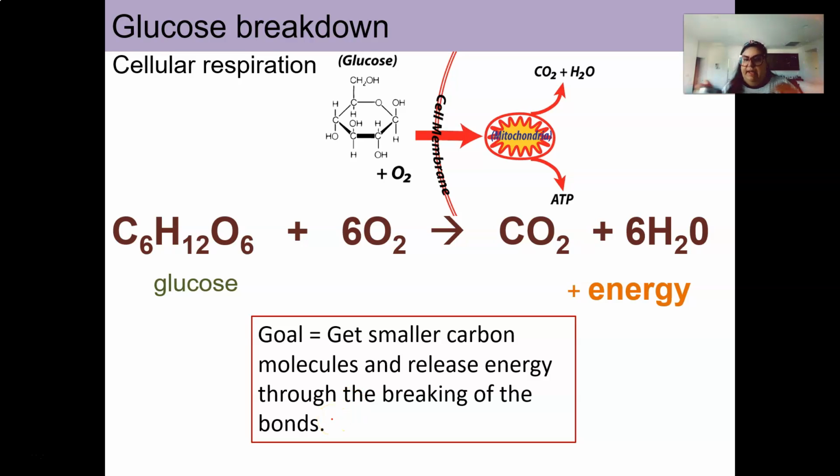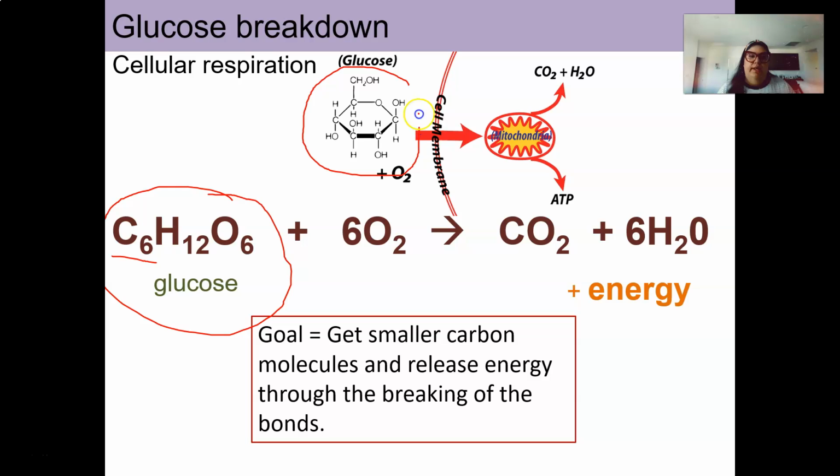So let's think about that. What does it mean to get smaller carbon molecules? Well, I start out with this glucose molecule, which is 6 carbons big, right? It is this 6 carbon ring.